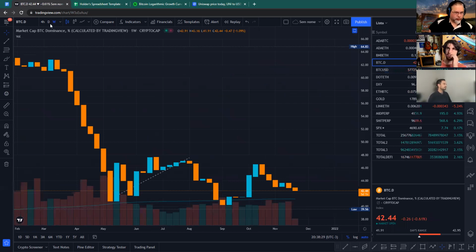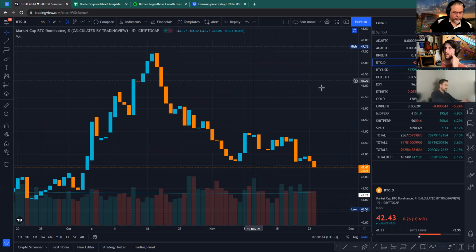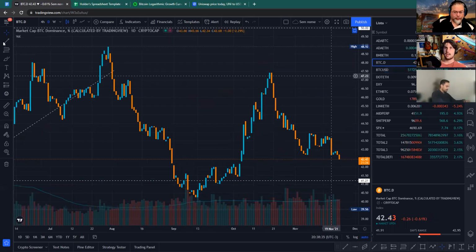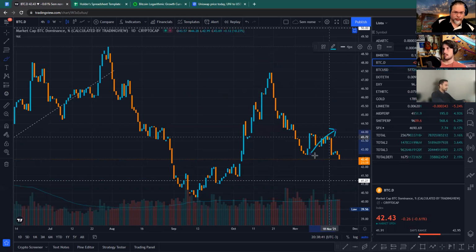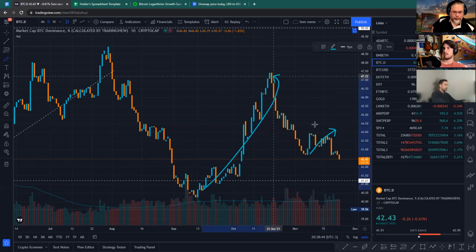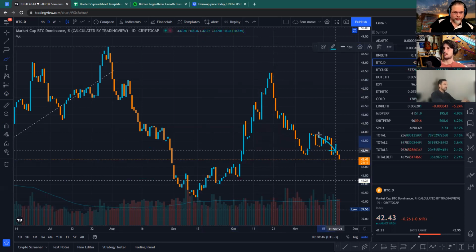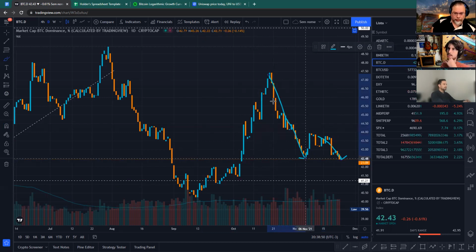Recently, if we go to the daily time frame, for example, they have had a small push up right here, right? So when the altcoins push up, the Bitcoin dominance goes down. So they had a push up right here from October to kind of November, which is when we started to fall.